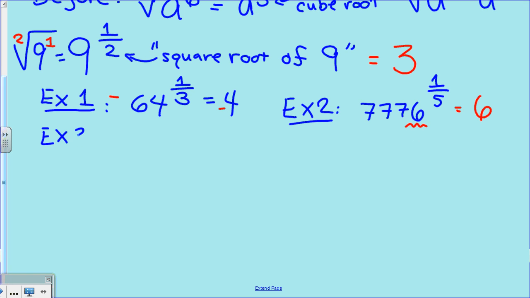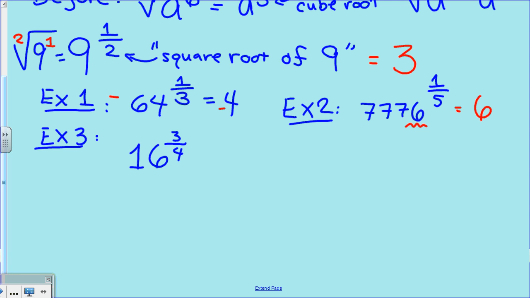Okay, number 3. Let's bump this up just a notch. This time I also put a numerator. So 16 to the 3/4. So we are going to do it in 2 steps. We are still going to do the root first, and then we are going to do the power.